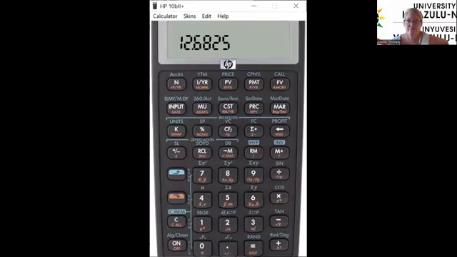Okay, now I'm going to change my PYR setting to 4 because I'm trying to find the nominal rate given quarterly compounding next. So 4, second function, PYR. So now my PYR is 4.